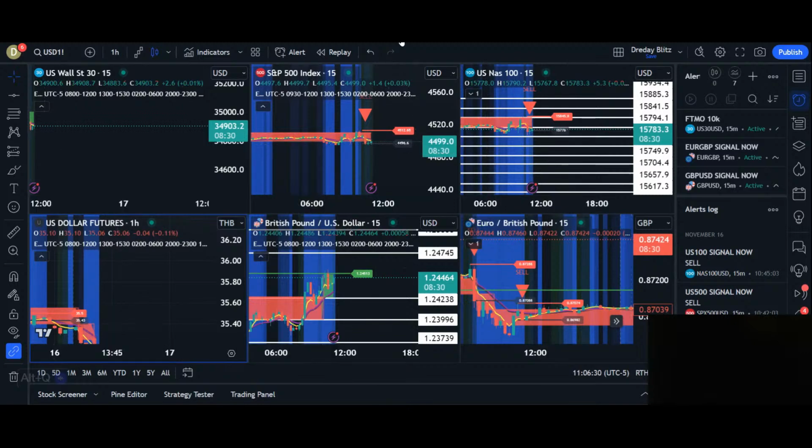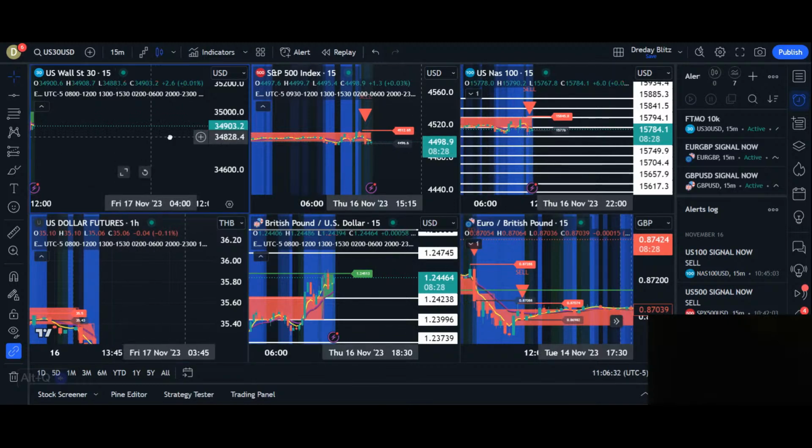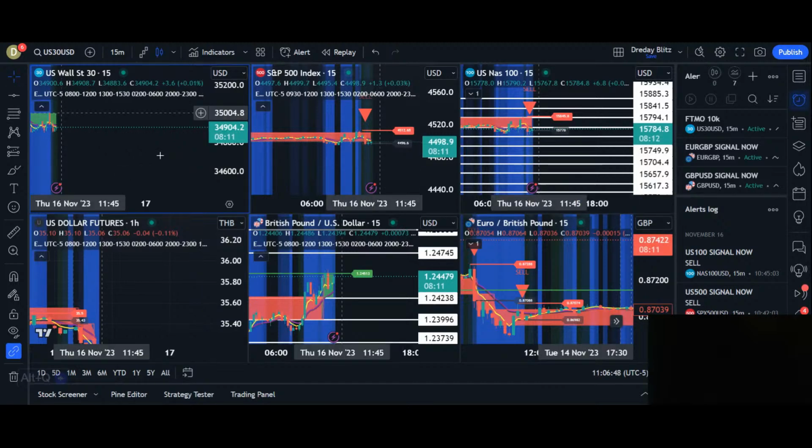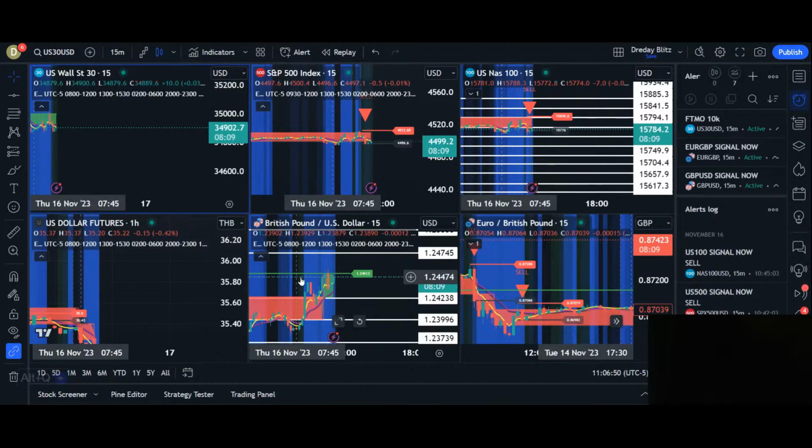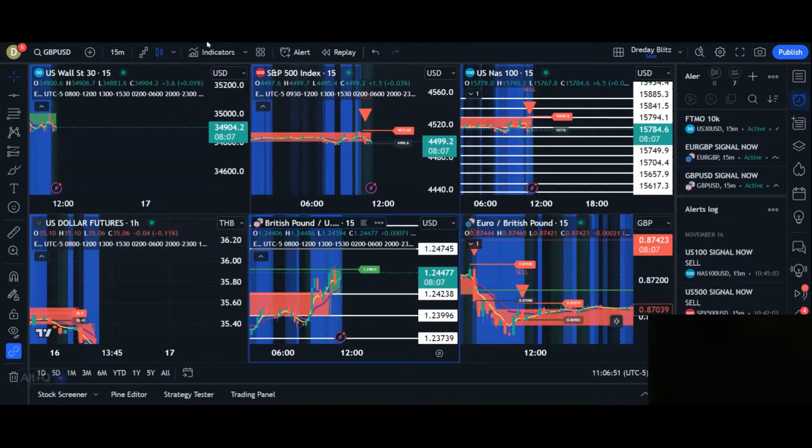Automatically, you could buy GU, and the opposite is the same. If the US dollar is going up, that means that GU is going down. Okay, so that's pretty much it.